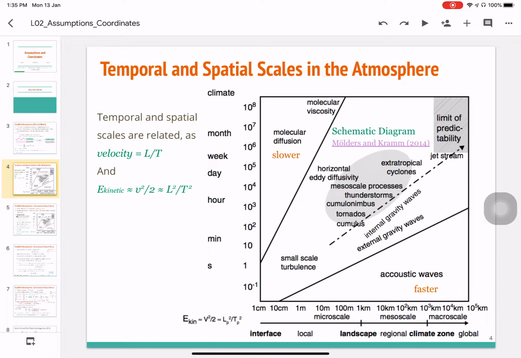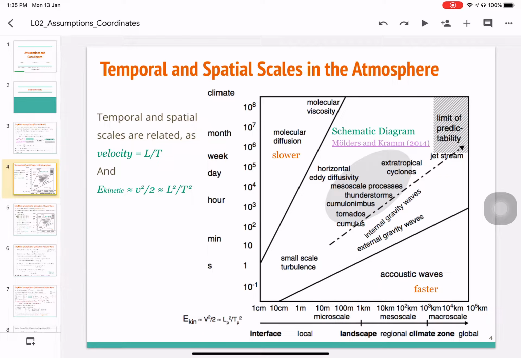I think you all have seen the different scales in the atmosphere, but if we put that in a velocity perspective, we have the spatial scales on the x-axis and the time scale on the y-axis.